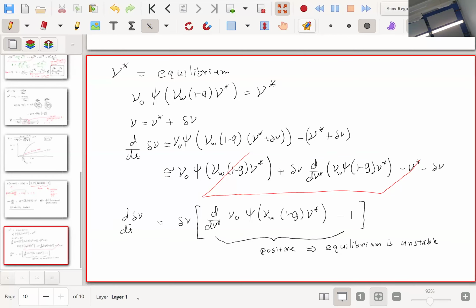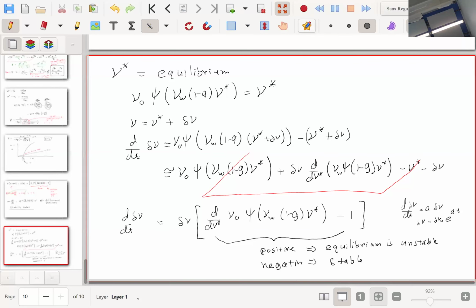Okay, because if that's positive, delta nu grows exponentially. Right, d delta nu dt equals a delta nu, then delta nu equals delta nu 0 e to the at. So if a is positive, it grows exponentially. If it's negative, it implies stability.